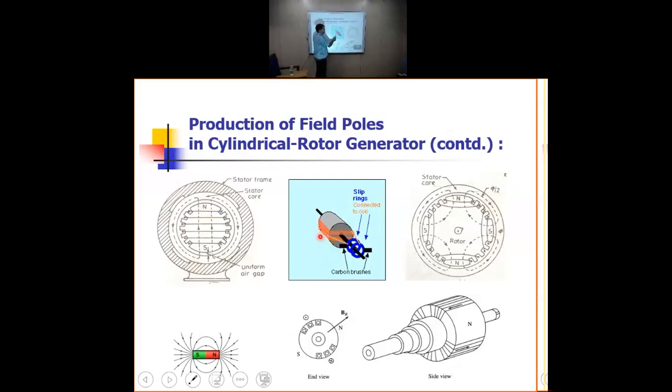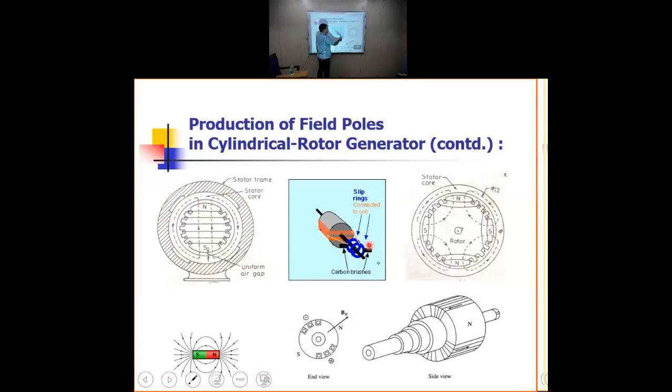In the cylindrical rotor, two-thirds of the total surface is given the winding, and one-third is vacant. This is a vacant, blank surface, and diametrically opposite there is also a blank surface. These are the conductors which will produce the necessary magnetic field, and these two are the slip rings, with one brush and another brush over them. This is the theoretical diagram, and here you see, say, this is the positive end and this is the negative end.